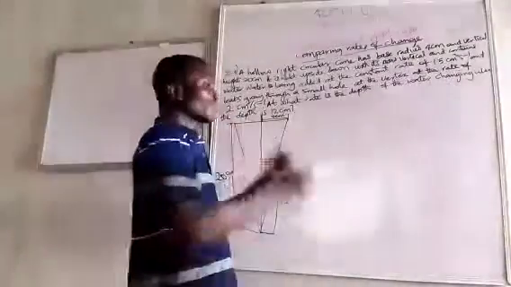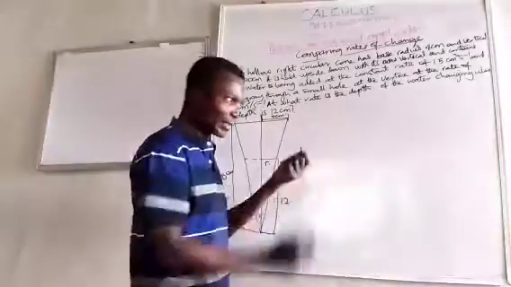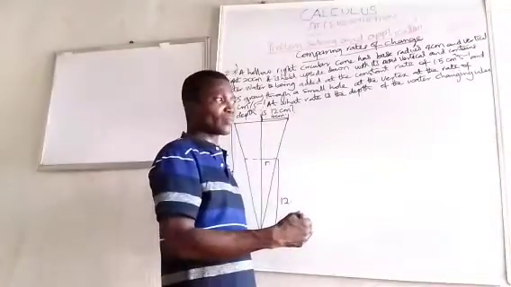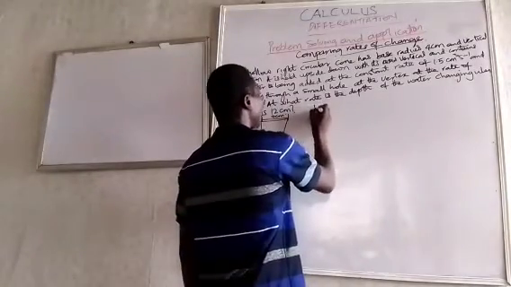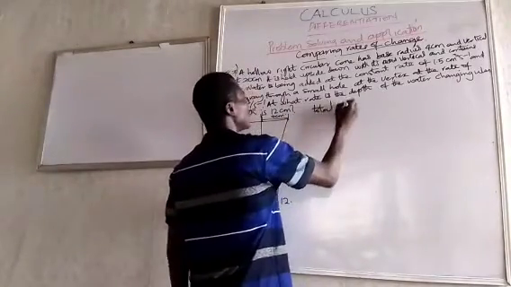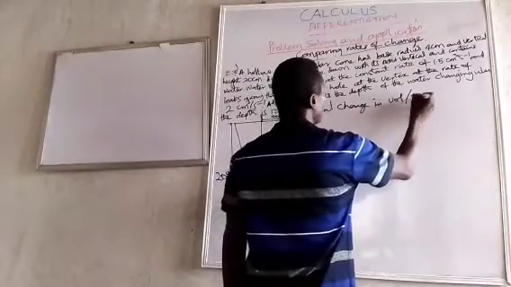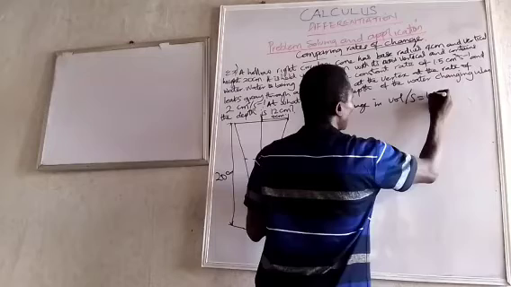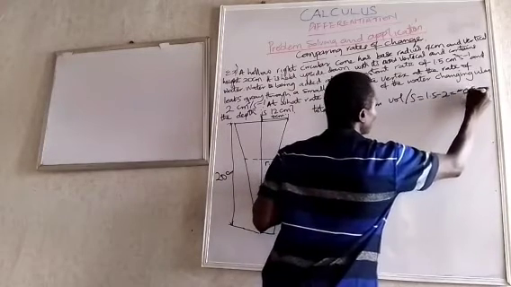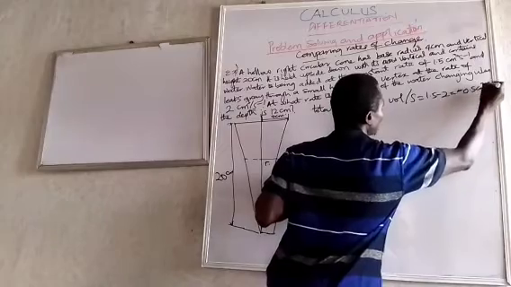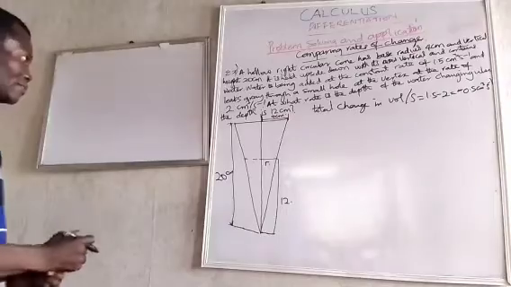So which means that the overall thing happening is leakage, because the quantity that comes in is lesser than the one that is going out. So total change in volume per second is equal to 1.5 minus 2, which is minus 0.5 centimeter cube per second. Yes, we have gotten that one at the same time.